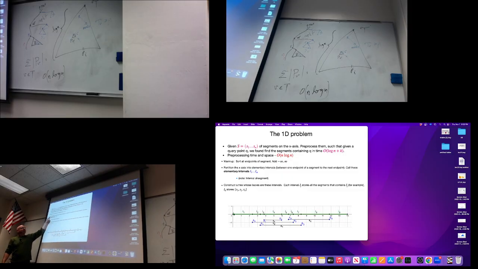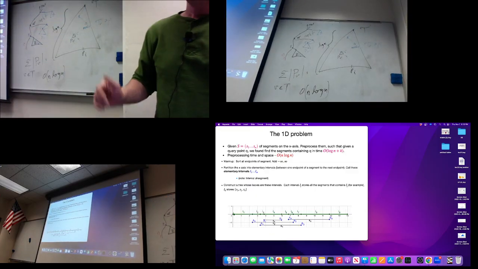At this point, intervals. One such endpoint, I don't care if it's a left endpoint or right endpoint, until the next endpoint. That's an elementary interval. Minus infinity until the very left endpoint of S2, the first interval, I1. I2 from this endpoint till the next one, sorted. I2, I3, all the way up to I9.